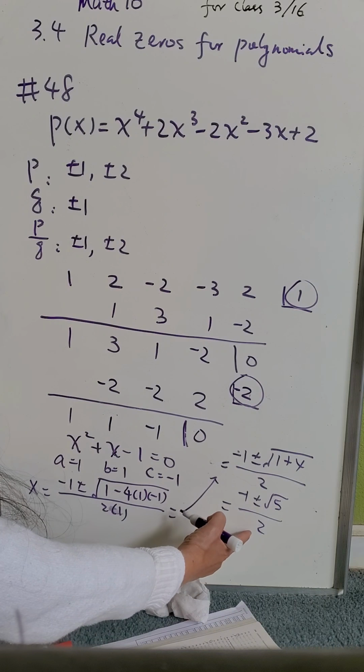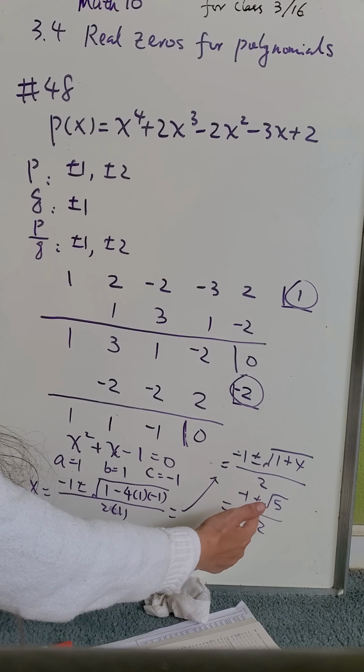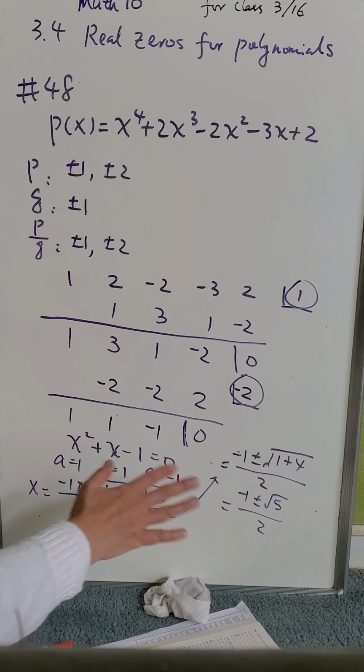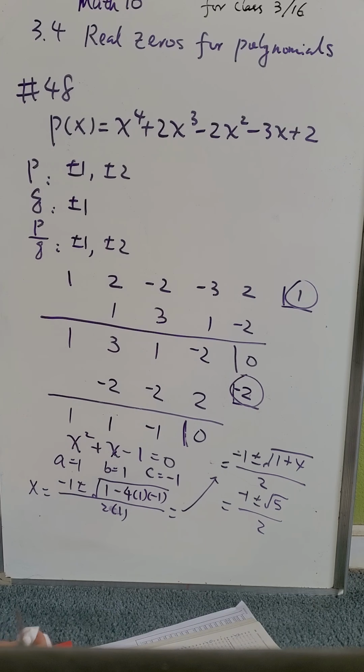And you end up with a number that's not from here, and that's okay because they only list the integer solutions here, the integer or rational solutions, meaning the integer of a fraction. But this comes out with square roots, and that's okay. It's not listed here, but it can be done from here. So that's number 48.